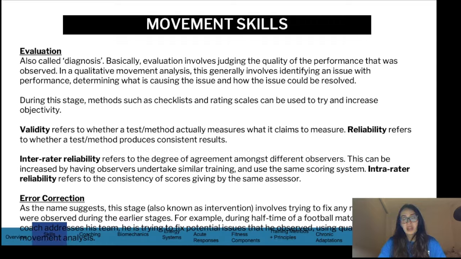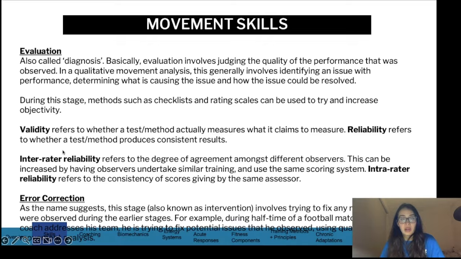You stay in the same country. By the same token, inter-rater reliability means going to a different set of countries: different people, different observers, and asking about their evaluation of the performance. You can increase the reliability of this by having the observers undertake similar training and use the same scoring system, so maybe using a checklist or something like that.